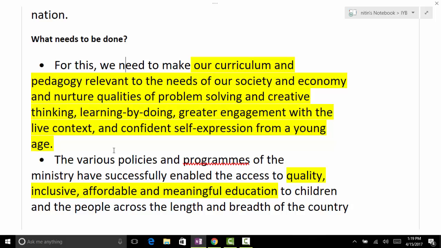It should be inclusive as well, so that all the people benefit. That's why I say quality inclusive education. How inclusive? Every section of society should gain equal benefit out of it.